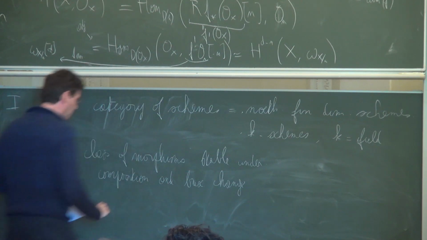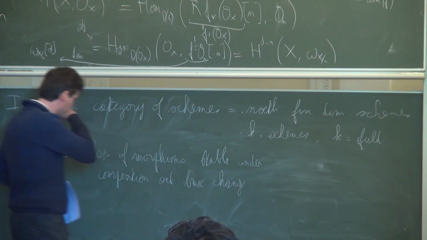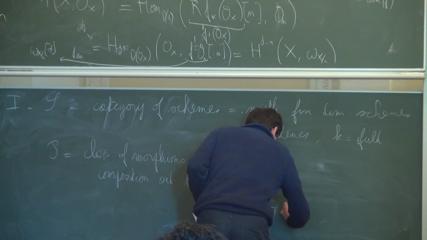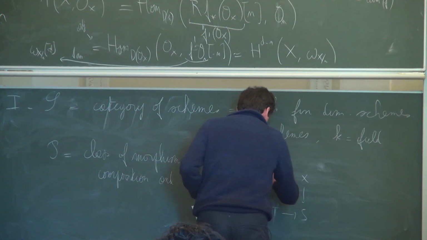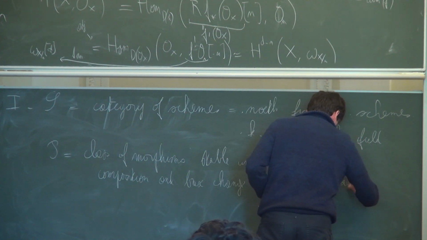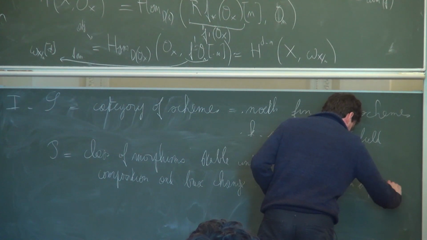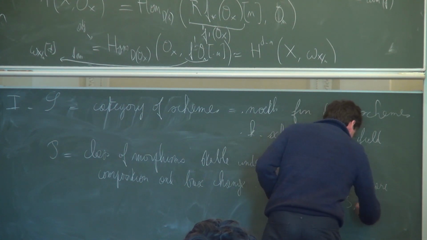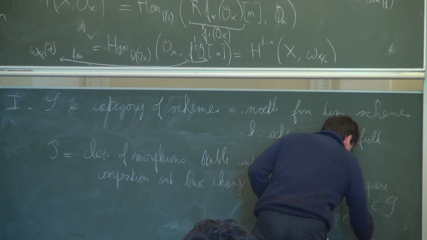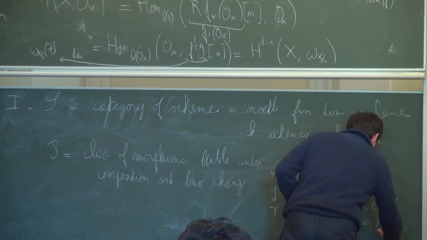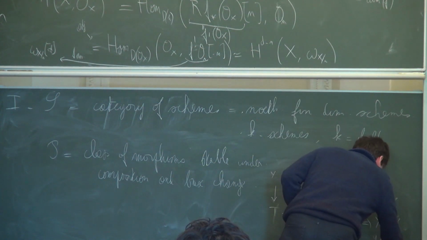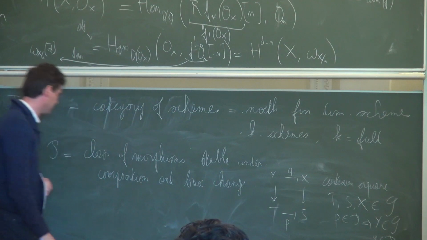So this means that if I have T, S, X, Y, a Cartesian square, such that T, S, X are in S and the morphism P is in P, then we get that Y is in S and the map Q is in P. Okay, so that's what you expect.